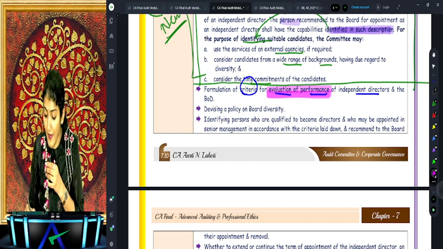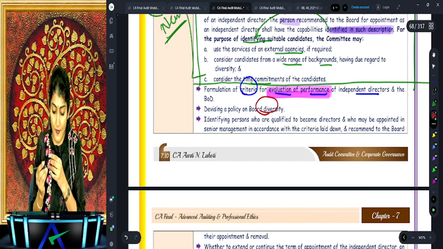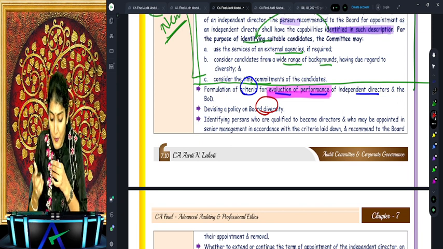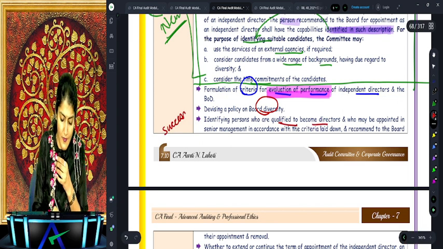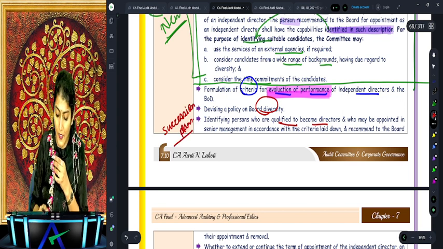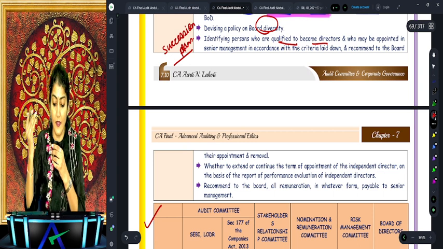Then also devising a policy on board diversity, then deciding who is qualified to become a director. Qualified to become director means they are talking about the succession plans. Okay, who next could become the director of the company, or who may be appointed in senior management, right?